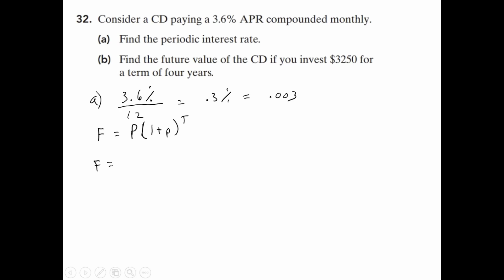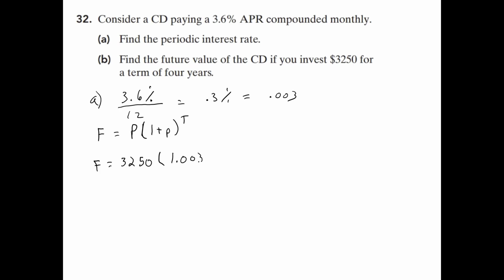So your principal is 3,250. Your periodic interest rate is 0.003, so we can add 1 to that.